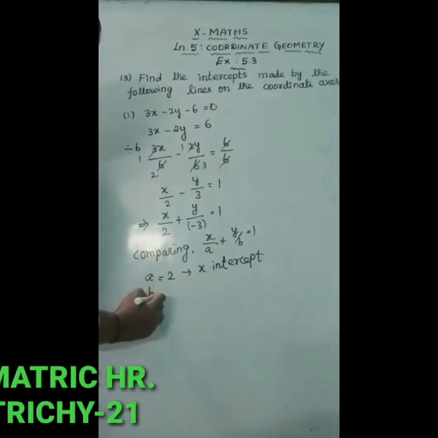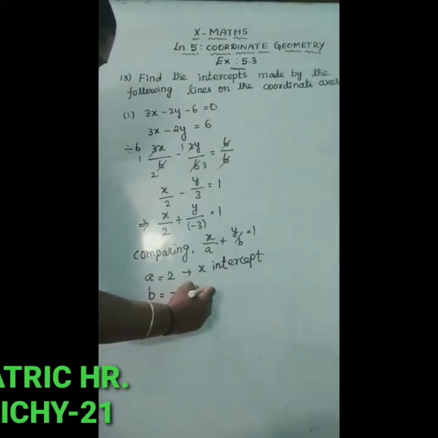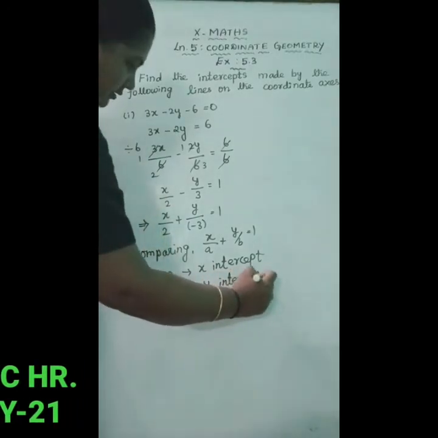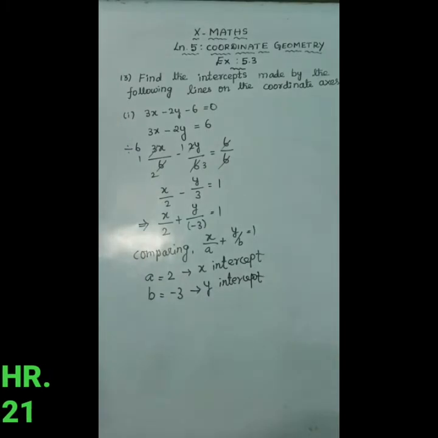Then b is equal to minus 3, that is y intercept. So in 3x minus 2y minus 6 equal to 0, the x intercept is 2 and y intercept is minus 3.